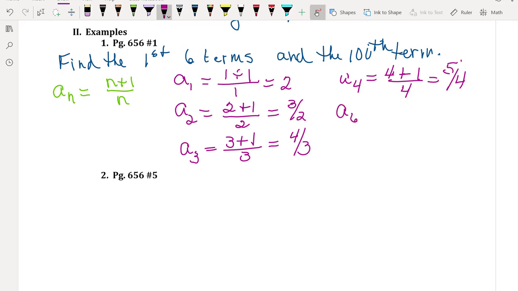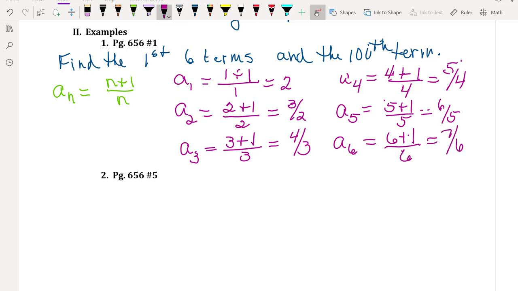A sub 6 is going to equal, whoops, I skipped 5. A sub 5 is going to be 5 plus 1 over 5, which is 6/5. And a sub 6 is going to be 6 plus 1 over 6, which will be 7/6. And of course we need the 100th term.